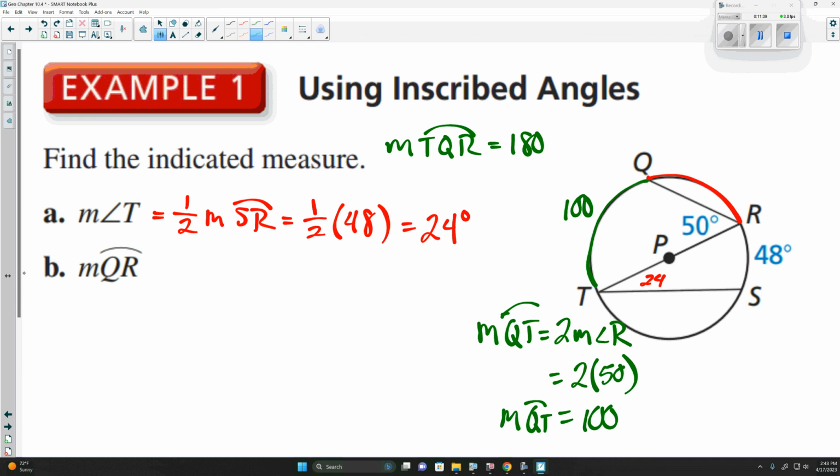PQR is, so the whole thing, the green and red parts add together to be 180. So what can we do? We can subtract 100 from 180 and get what? 180 minus 100 is 80, so this arc has to be 80.